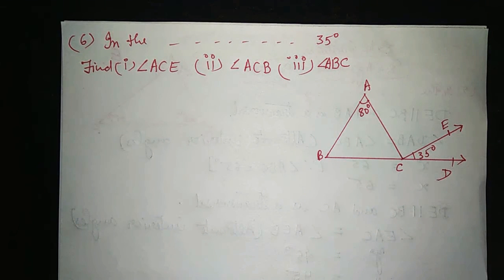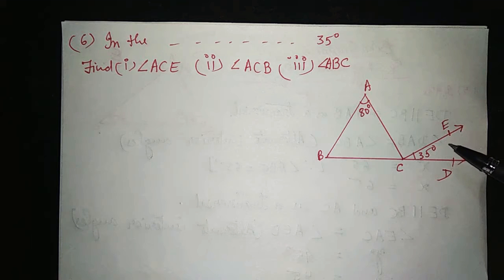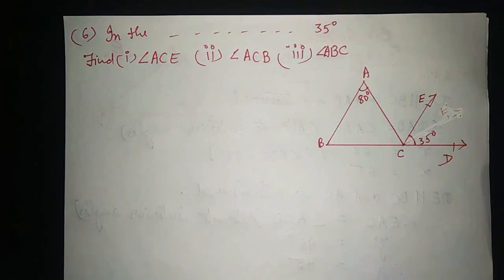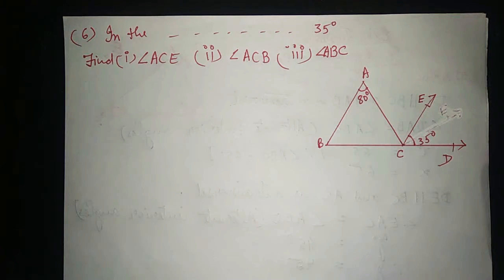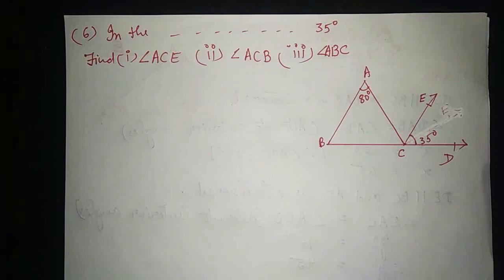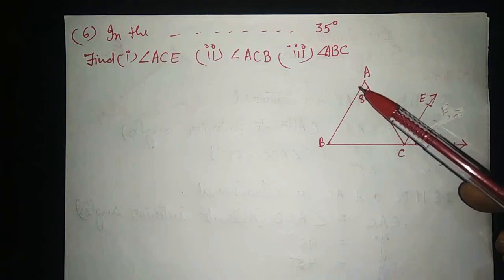Now see the question number 6 of the same page. In the adjoining figure, it is given that CE is parallel to BA. Question 6 is, in the adjoining figure, it is given that CE is parallel to BA.